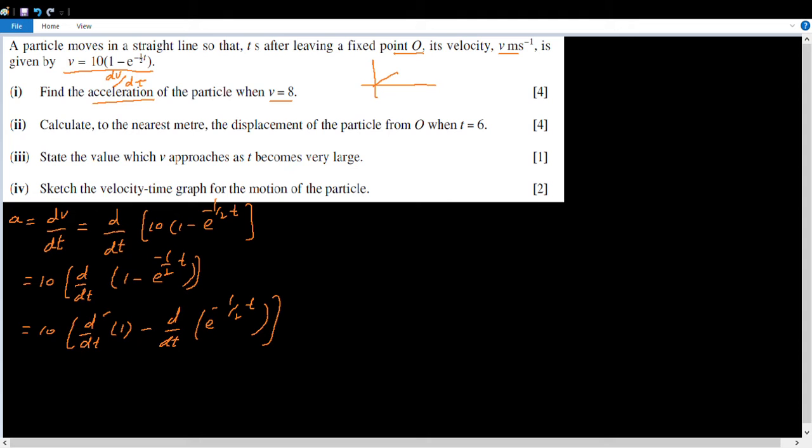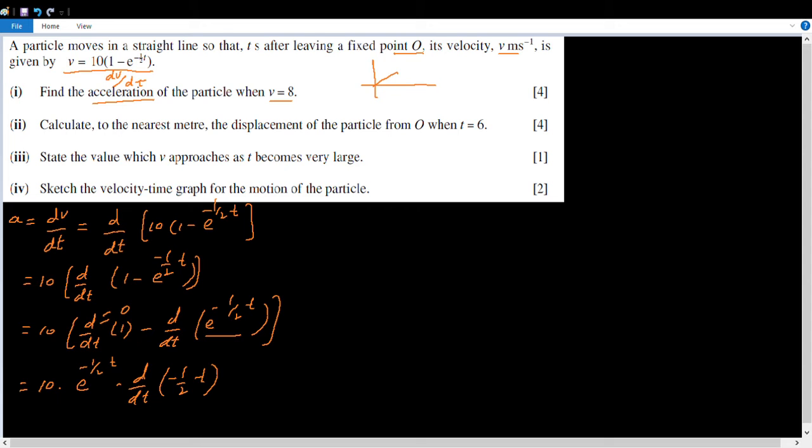As you know, this will turn to 0 because the derivative of a constant is always equal to 0. And now you will take the derivative of this. The derivative of the exponential function is always the same function, e power minus 1 over 2t, and then we take the derivative of the exponent. The exponent is minus 1 over 2t.